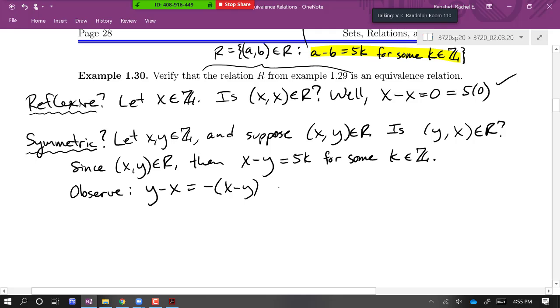So this is negative (x minus y), and this is negative 5k. The only thing I'm going to do to wrap this part up is write it as a multiple of 5 and not a multiple of negative 5, so I'm just going to write it as 5 times negative k. That's a multiple of 5. Since negative k is in Z, then y must be related to x.